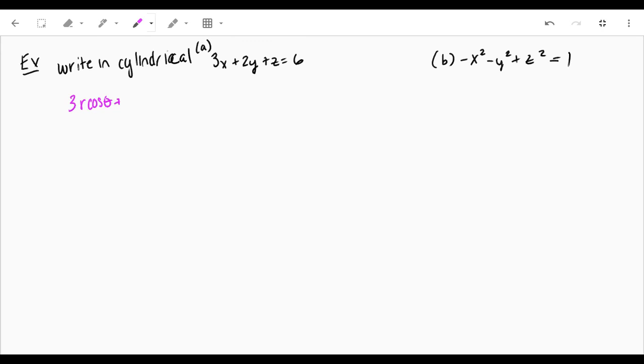In place of y, I'm going to put r sine theta. And in place of z, z equals 6. Okay, a lot of times we might like rearrange that. We might solve it for z. So z equals 6 minus 3r cosine theta minus 2r sine theta. We might even factor an r out. I think they do that in the book.